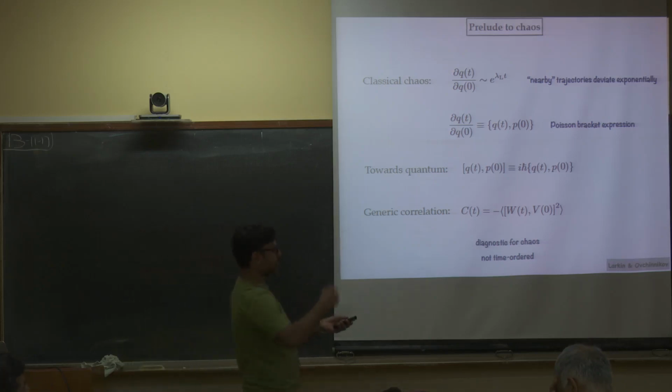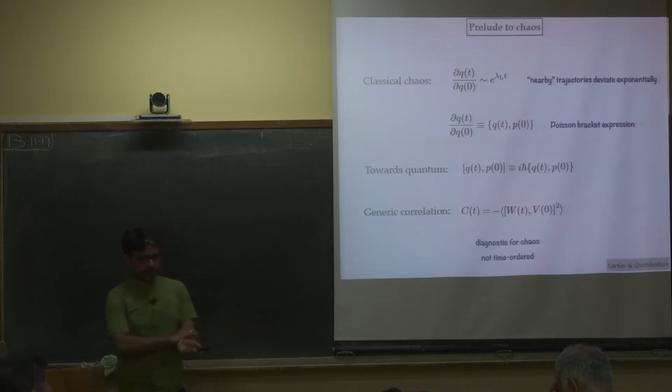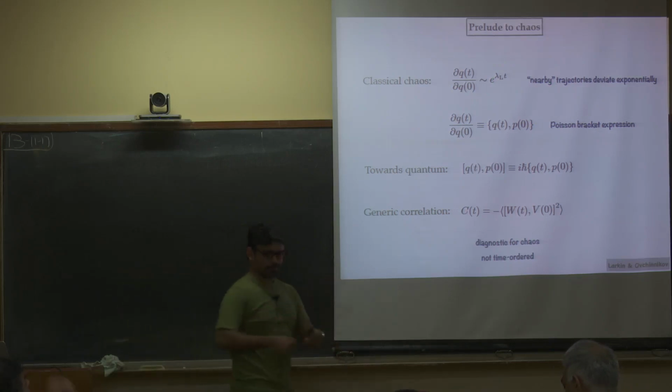And the statement there is that if the final evolution is exponentially sensitive to the initial data, then that system is said to be classically chaotic. The classic example of this is taking a billiard board and studying trajectories of balls inside, etc.